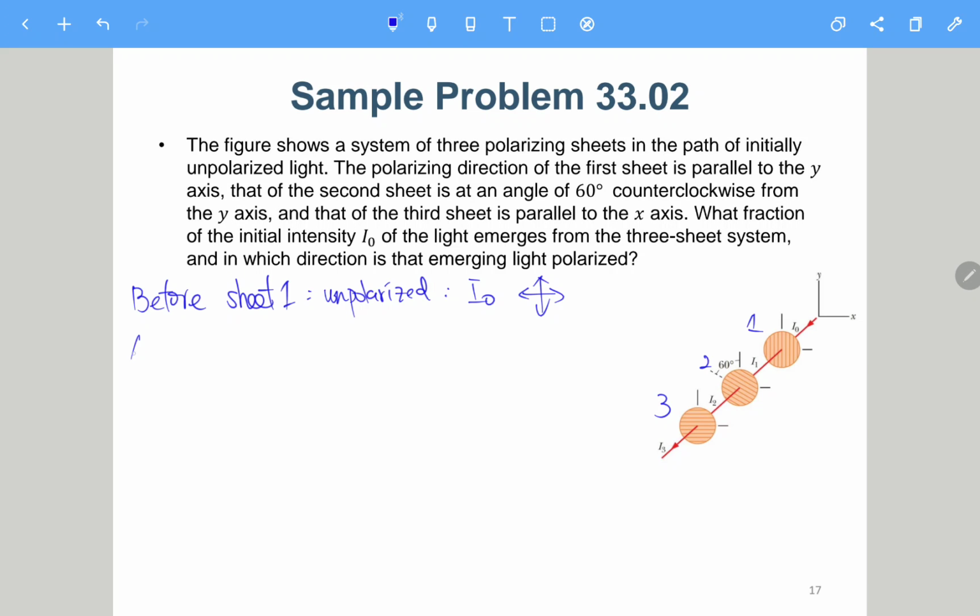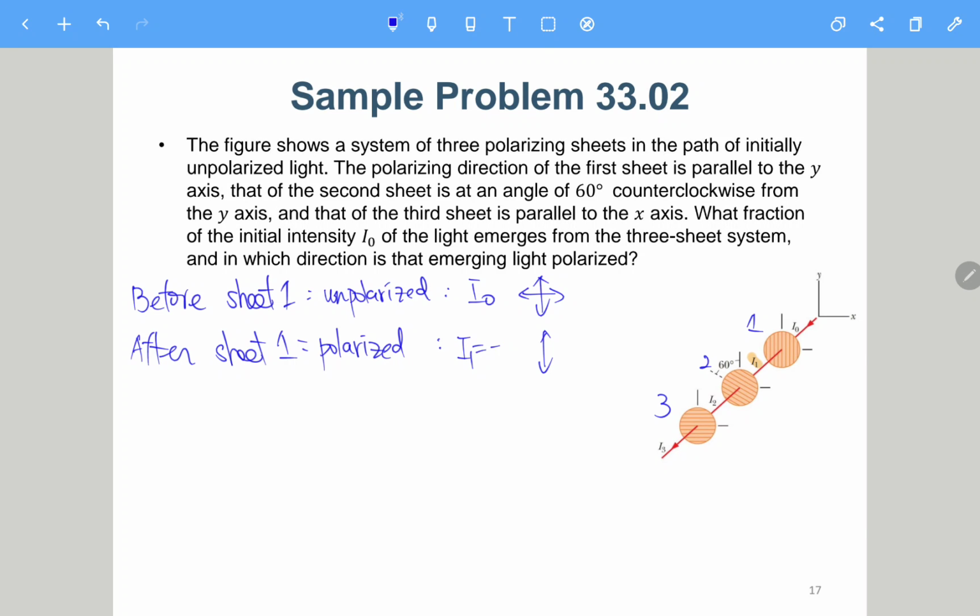After going through sheet number 1, it becomes polarized, vertically polarized, or you can say along the y-axis. And we will say this is I1.